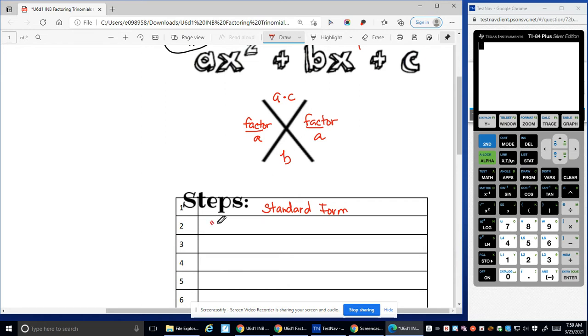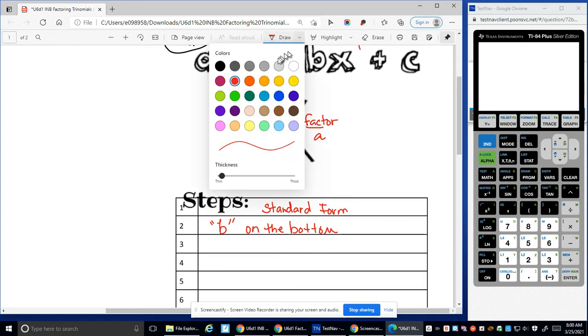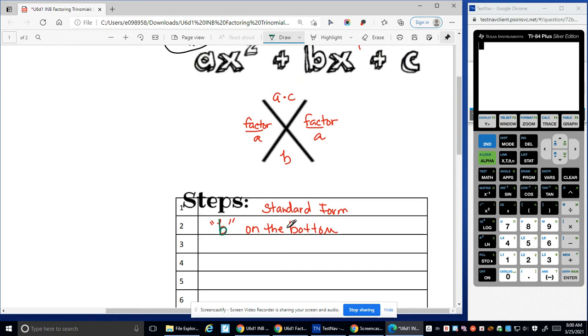And no coincidence there, right? B is for the bottom. B on the bottom. Okay, right. Let me make that real obvious for you guys. B is on the bottom. Okay.